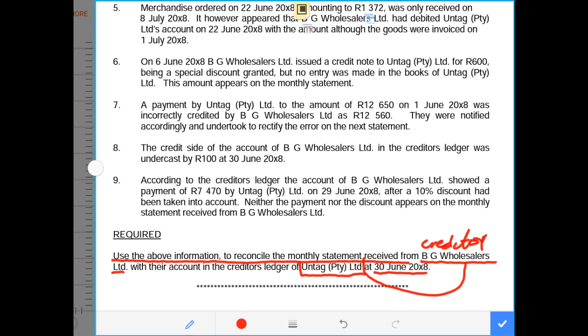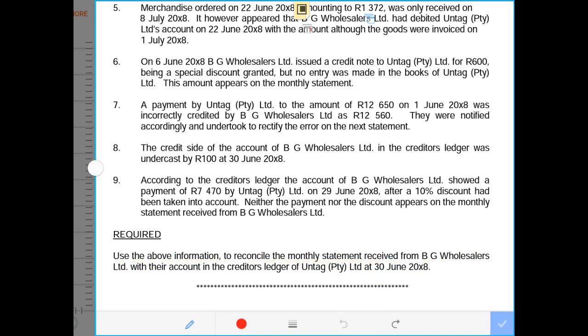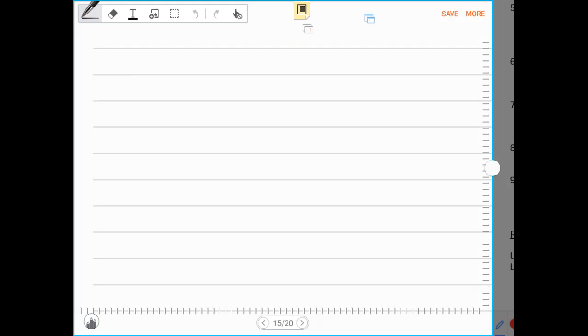Therefore, a creditor is a liability on our side, and liabilities increase on the credit side and decrease on the debit side. So this is what we are doing based on the information that we are provided. Two things that we'll be doing is to open the ledger account, and after that do the statement of creditors with the two columns, debit and credit.